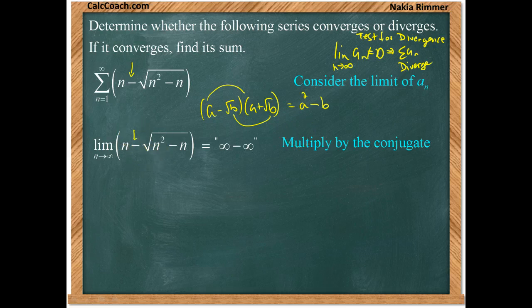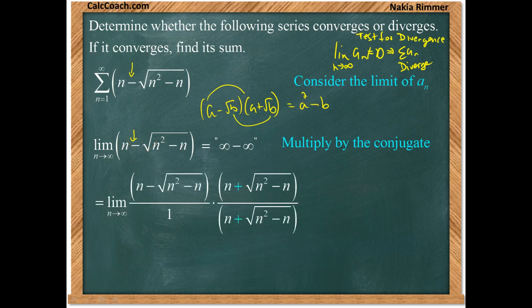The conjugate would be n plus the root of n squared minus n. So we multiply by the conjugate, but you can't just multiply by it. It needs to be multiplied by it over itself, which is multiplying by 1. When we FOIL this out, we get the n squared, which is like the a squared. Now be careful with the other part though. The middle terms definitely cancel, but when we multiply the two root b's times each other, it's minus the entire inside, because it's a negative times a positive.